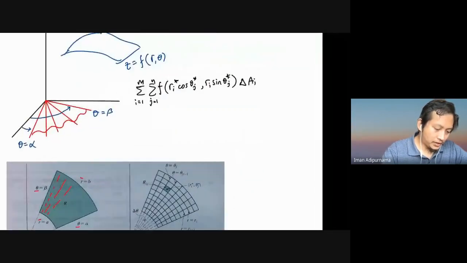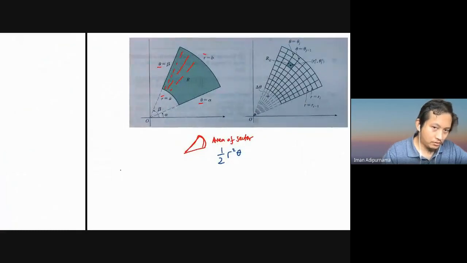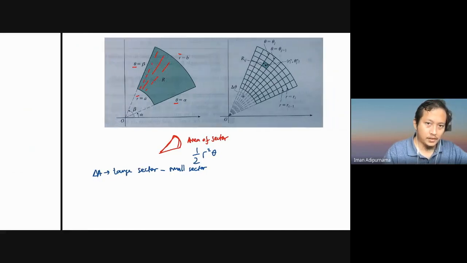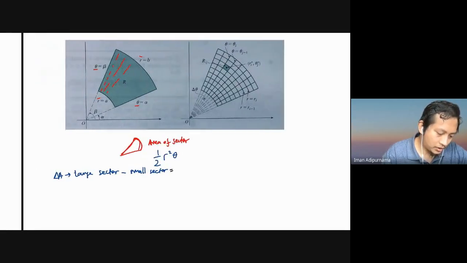And how to find this delta A here is through the large sector minus the small sector. I think we can try to write some values.